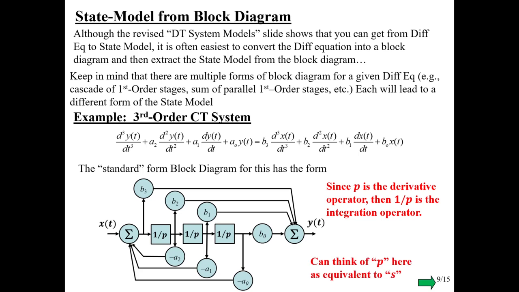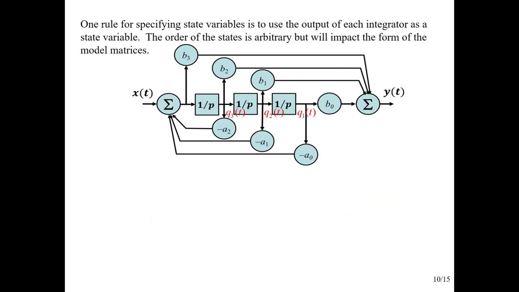So we can think of P here as equivalent to S, if that makes you feel more comfortable. Although technically, if we're talking about putting S there, we should be putting X of S and Y of S here. The P is more thinking like it's an operator applied to a time domain function. But those are subtle things.